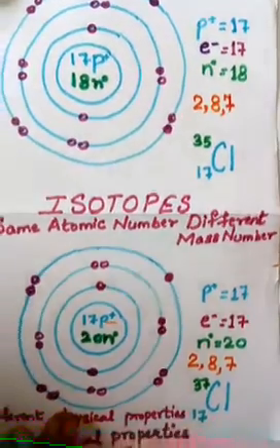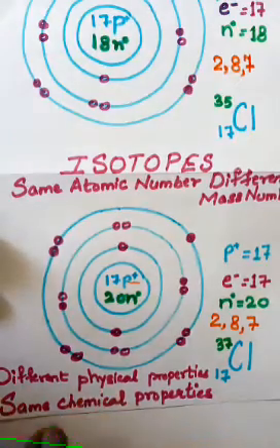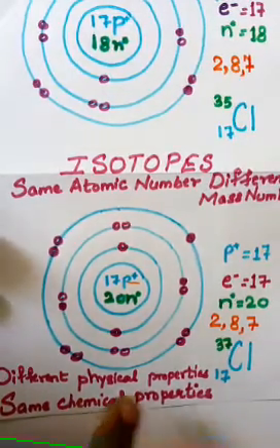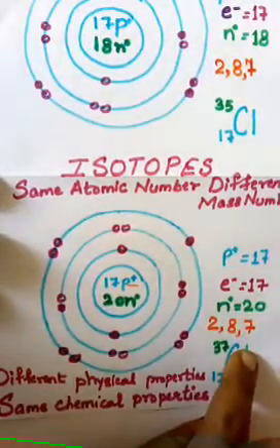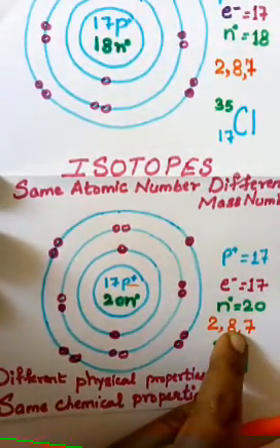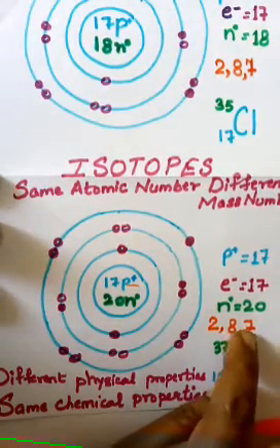So when there is no change in electronic configuration, which is the main reason for the chemical reactivity of an atom, you know, an atom becomes stable when it has a complete octet, 8 electrons in the outermost shell. So this reactivity will be based on electrons.